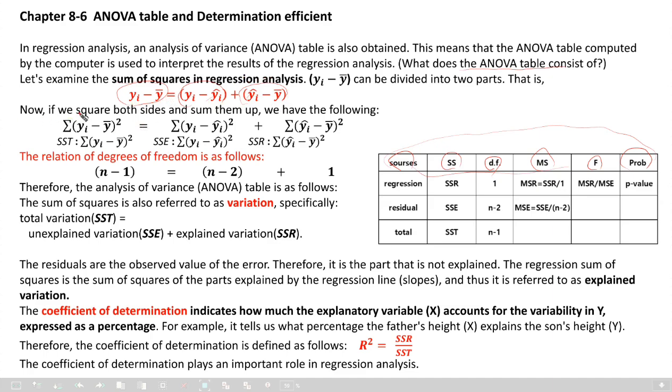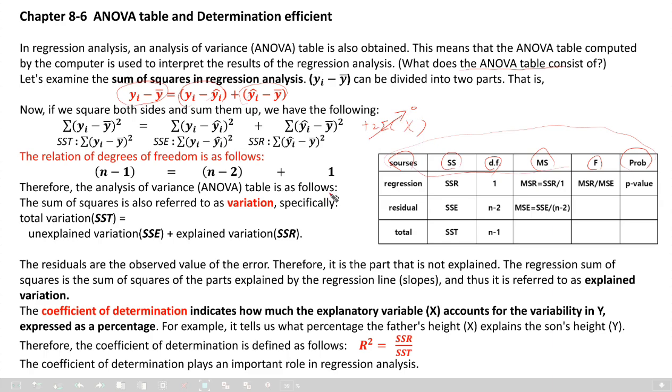Now, if we square both sides and sum them up, we have the following equation. Summation (yi minus y bar) squared is summation (yi minus yi hat) squared plus summation (yi hat minus y bar) squared, plus twice the summation cross product term, which will be 0.